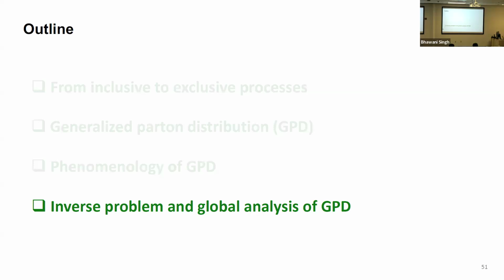So any questions regarding this? I'm going to switch the topic. Yes. Is it possible to use an S channel reaction as a GPD signal? This here is all about the T channel. In terms of S channel, what do you mean?